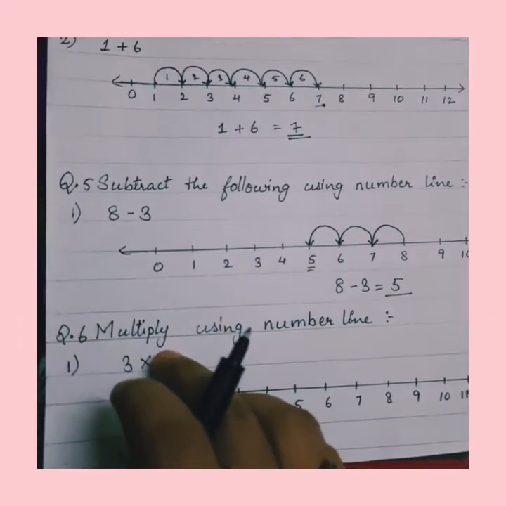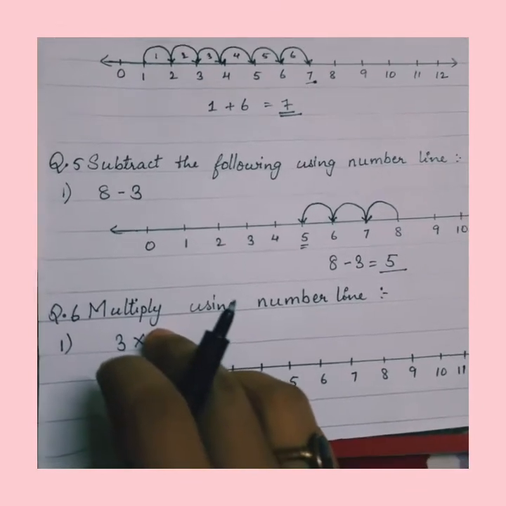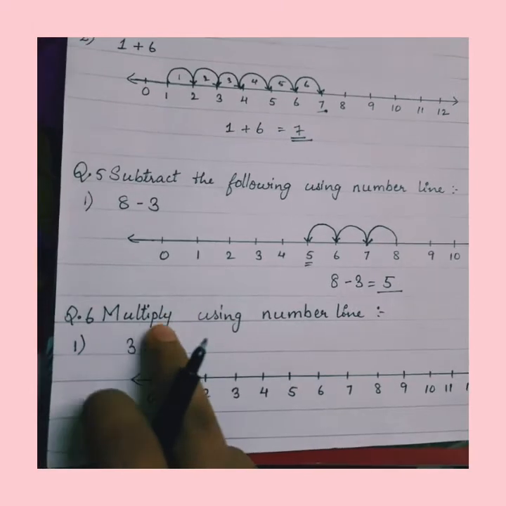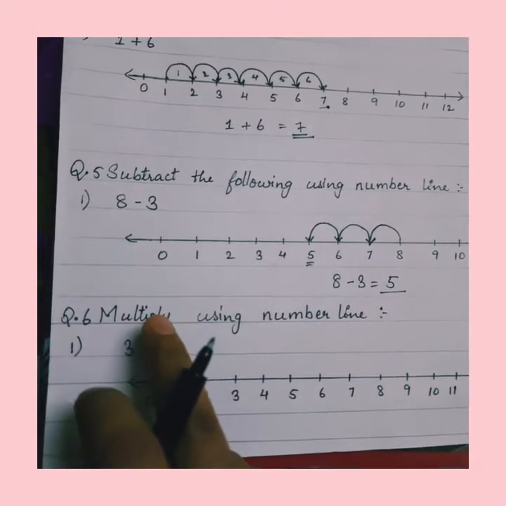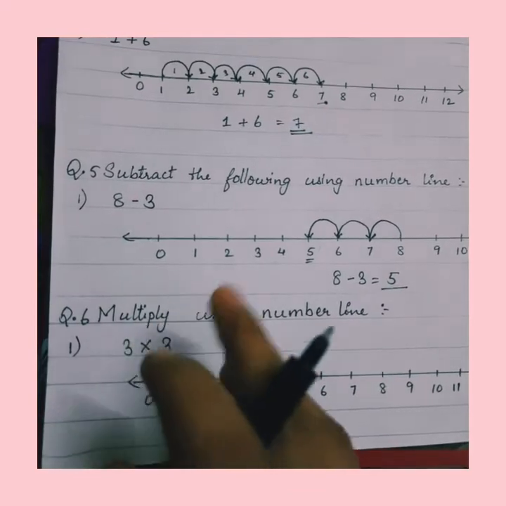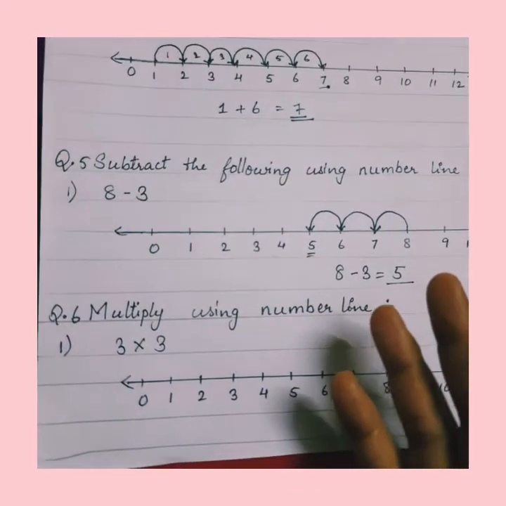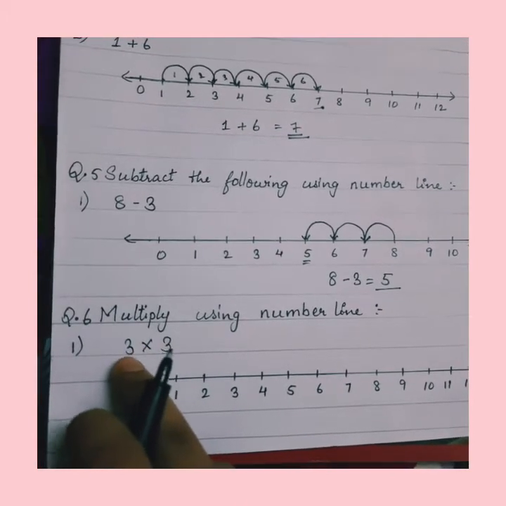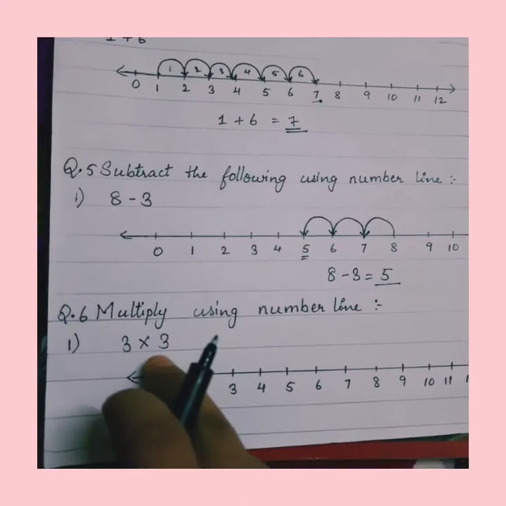Now let's do one multiplication sum which is based on the number line. Multiplication, as we know, is repeated addition. Repeated addition means the same number will be added that many times as given in the question. As here 3 is given and again 3 is given.